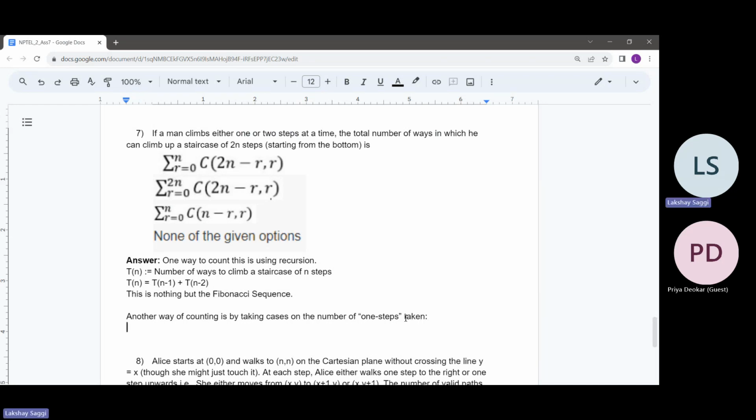So what I can claim is, by the time the man reaches the 2nth step, the man could have taken r number of one steps.